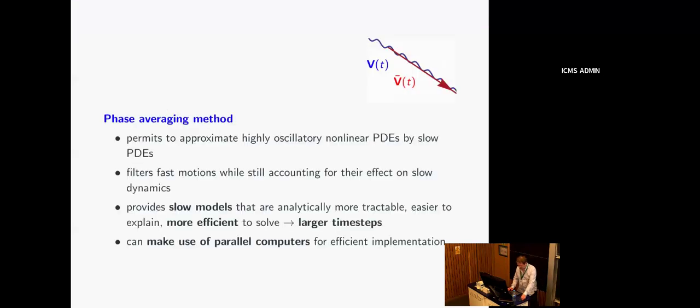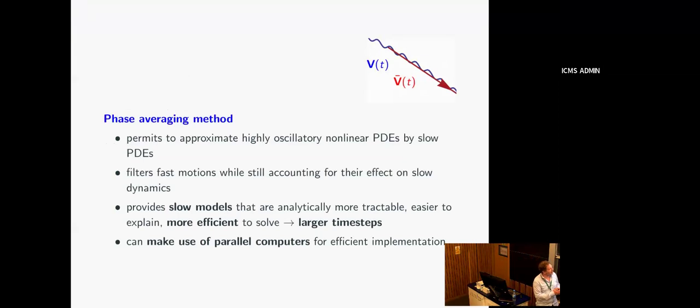Okay, let's start with the motivation. Why do we do this? Phase averaging: why do we want an approximation of a highly oscillatory PDE by a slower one?